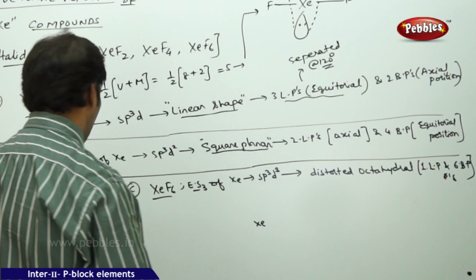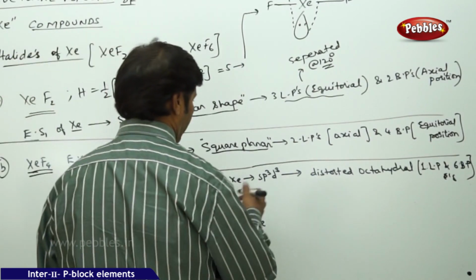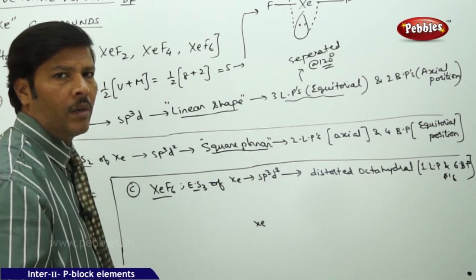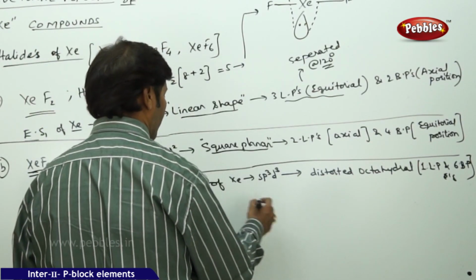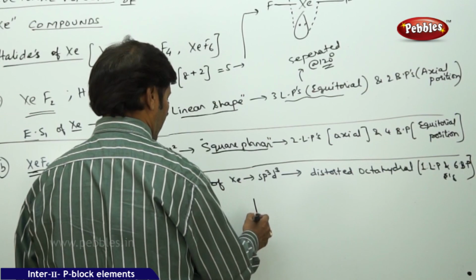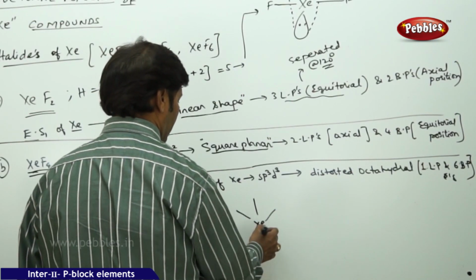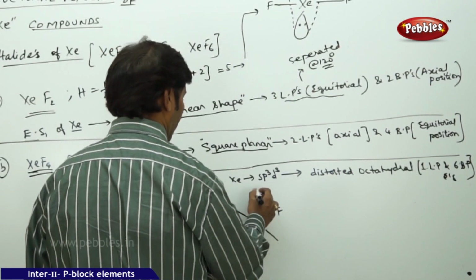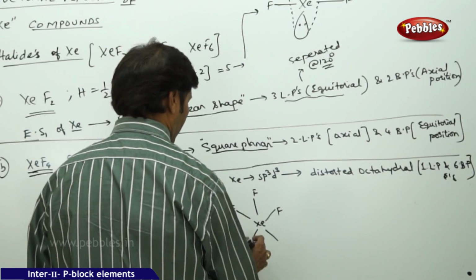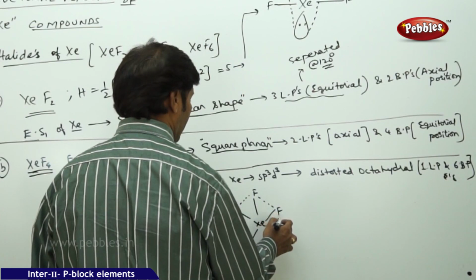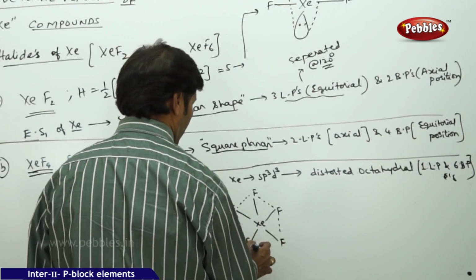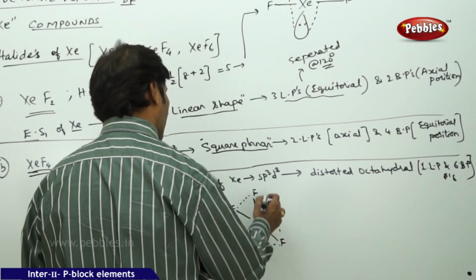Because it is a distorted octahedron, it has to lie in the pentagonal bipyramidal plane. So what I am going to do is create a pentagon like this. This is a pentagon, fluorine, and also fluorine here. So the pentagon is created, and we have one fluorine outside.